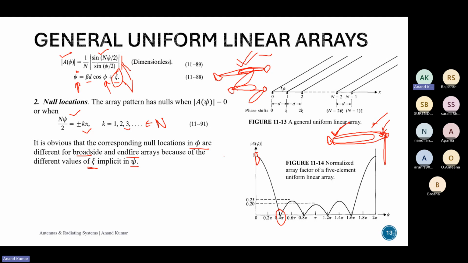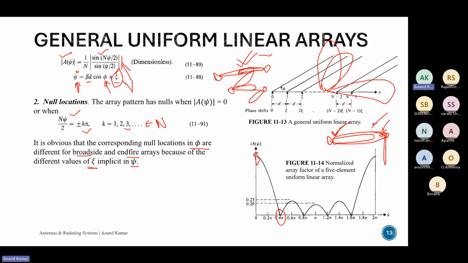Again, this is very important to note that, for example, if you're trying to make an antenna whose main beam is in a certain direction, for zero phase shift, we saw that it was in the broadside, and for a certain value, it was towards the end fire.